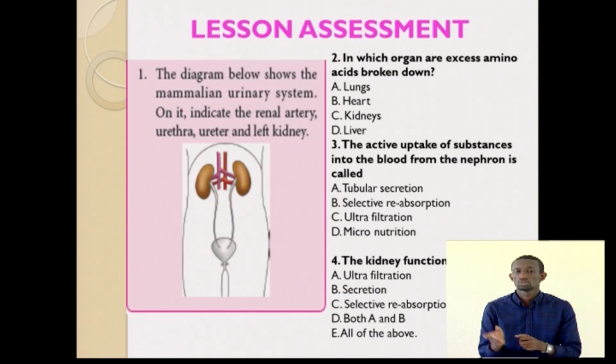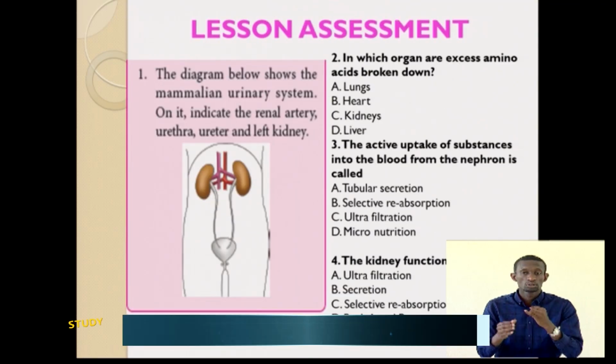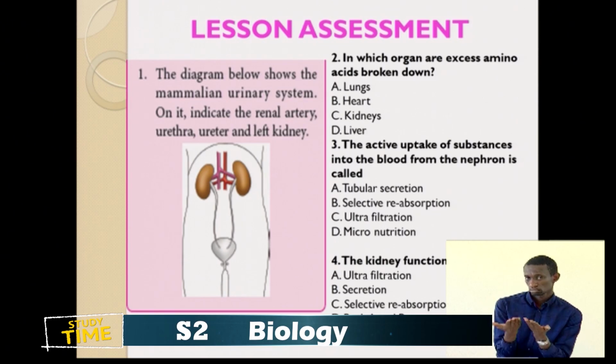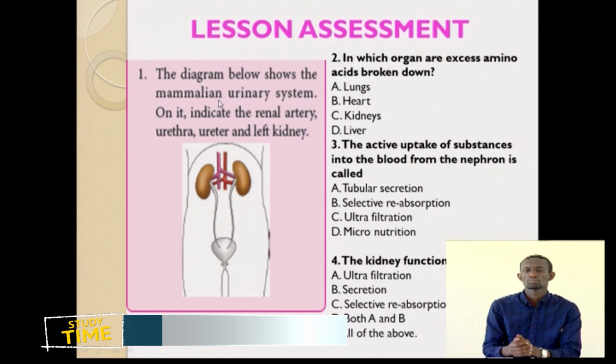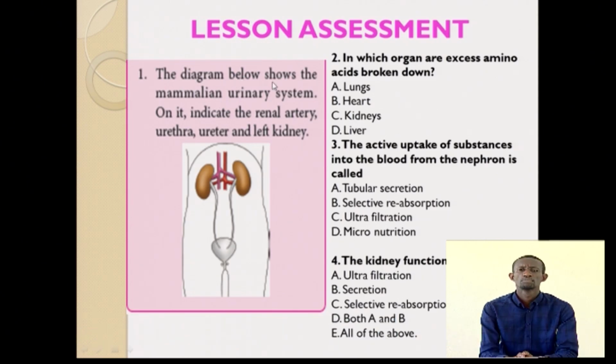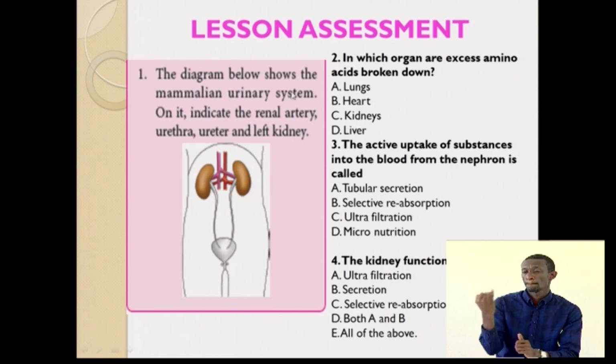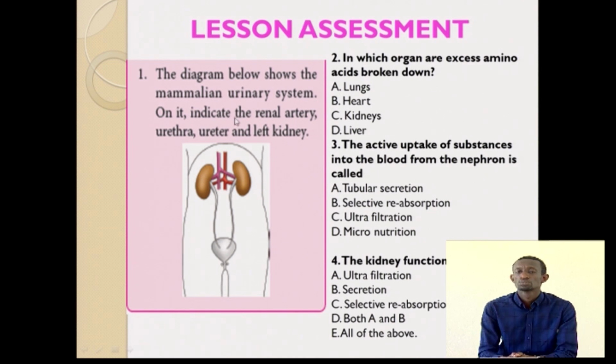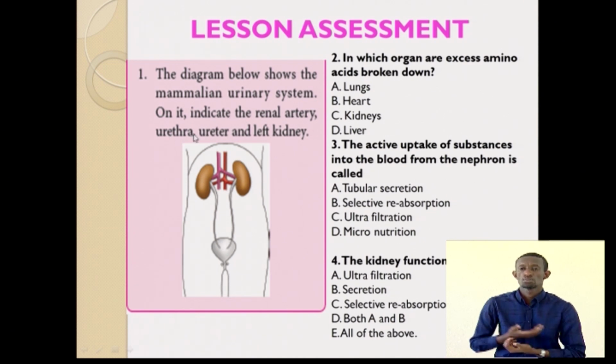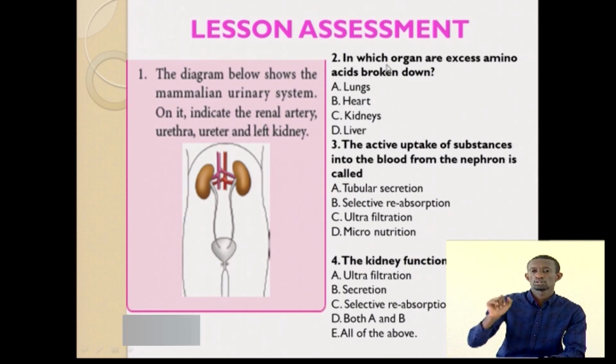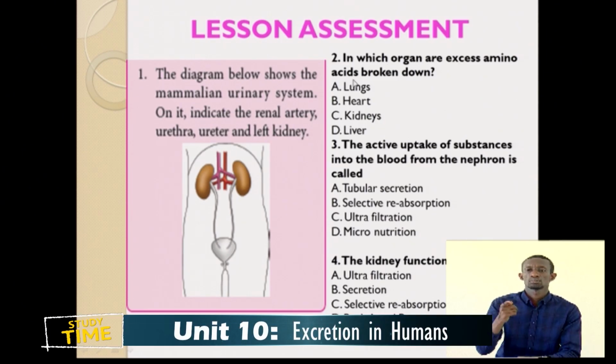So students, let me leave you with a home assignment. The diagram below shows the mammalian urinary system. On it, indicate the renal artery, the ureter, as well as the left kidney. We have objective questions. Number 1, in which organ are excess amino acids broken down?